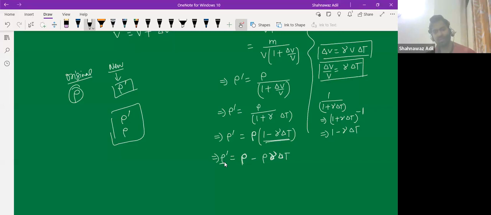Let's say this is 5 minus 2, right? So you are taking 2 from 5 and then it is becoming 3. So which one is larger, which one is smaller?